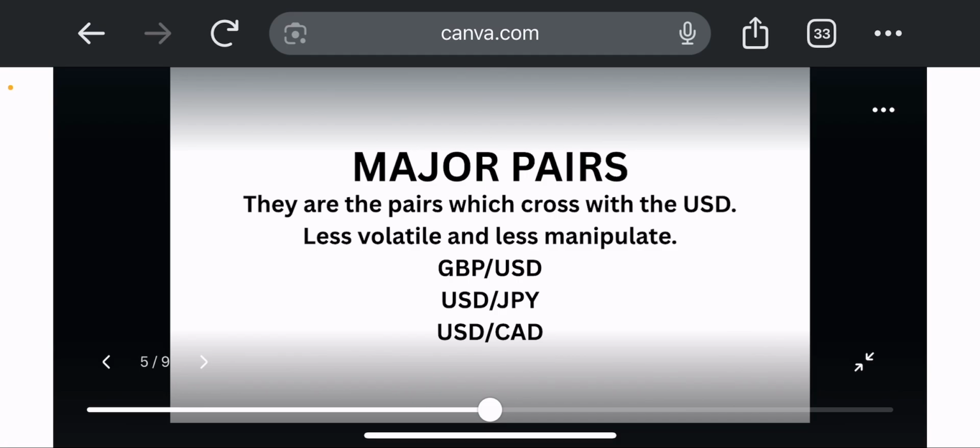If the market wants to buy, it buys. If the market wants to sell, it sells. Examples of pairs crossed with the US dollar are GBP/USD, the Great British Pound against the US dollar, USD/JPY, the Japanese yen, and USD/CAD, the Canadian dollar. There are other pairs crossed with the US dollar, but those are the major pairs.